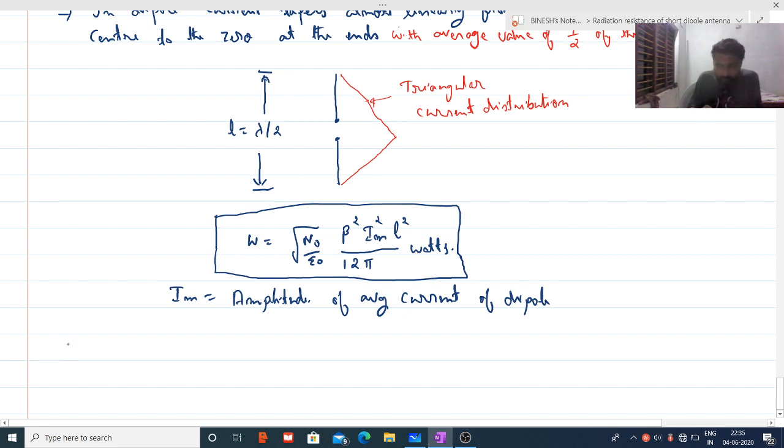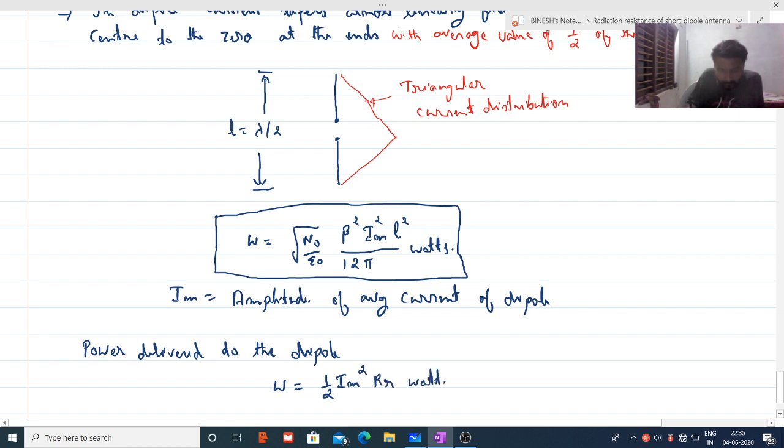So the power delivered to the dipole antenna is given by W is nothing but 1 by 2 Im square RR watts.